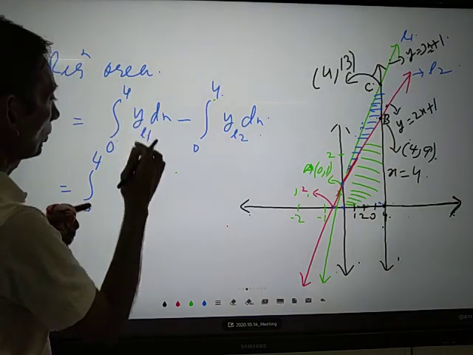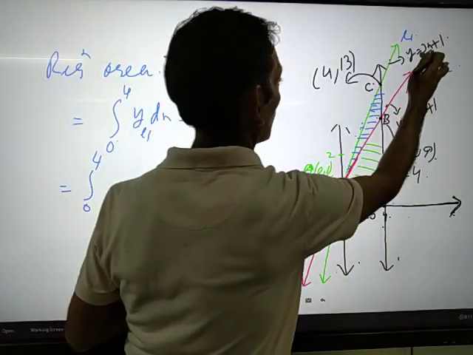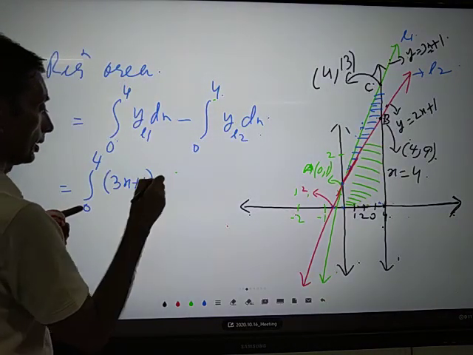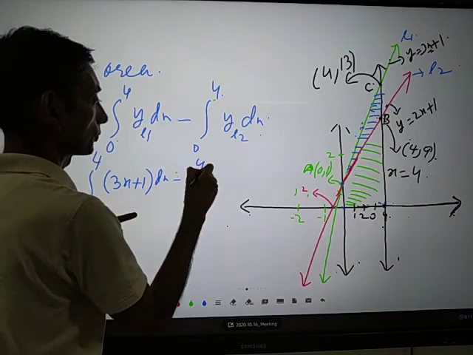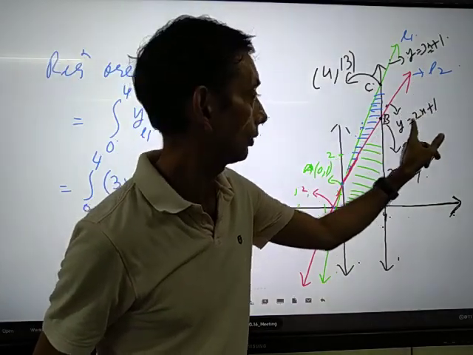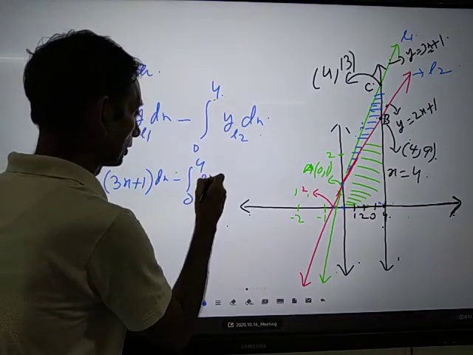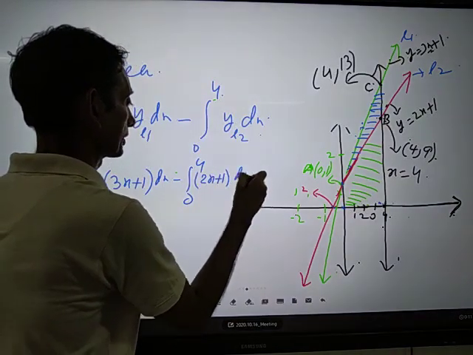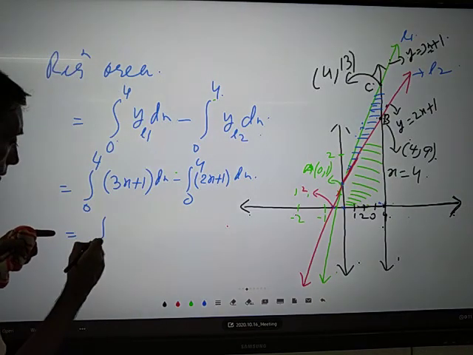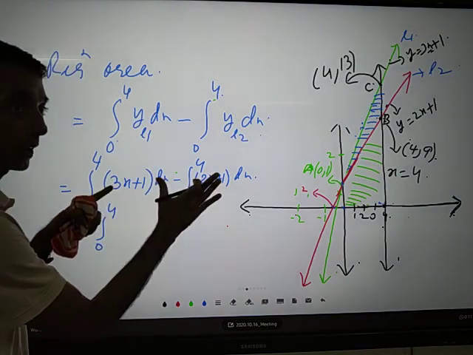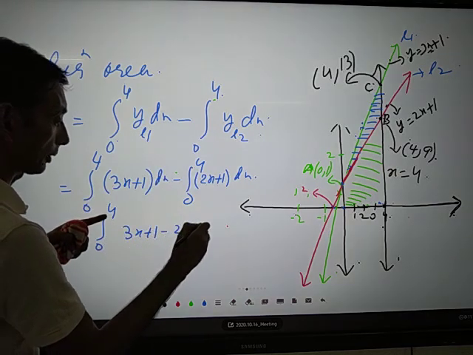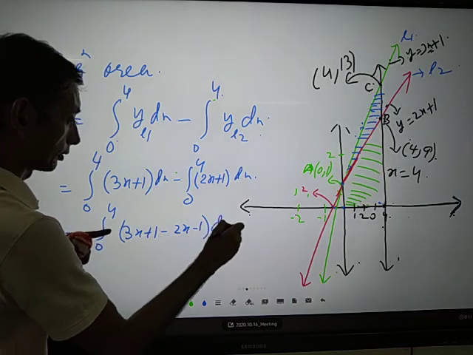For line 1, y is equal to 3x plus 1, dx, minus the integral for the second line, y is equal to 2x plus 1, dx. Since the limits are the same for both integrals, you can write only one integral and take the difference: the integral of (3x plus 1 minus 2x minus 1) dx.